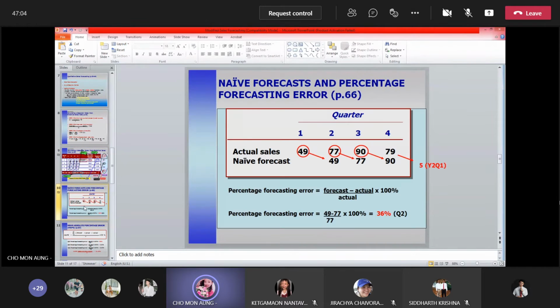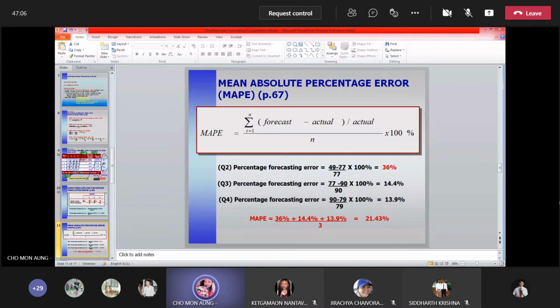So if you come to this one, now pay attention. 49 minus 77 divided by 77, 40% time, right? Quarter 3 also, 77 minus 90, the answer is supposed to be a minus sign. But we are calculating the error.